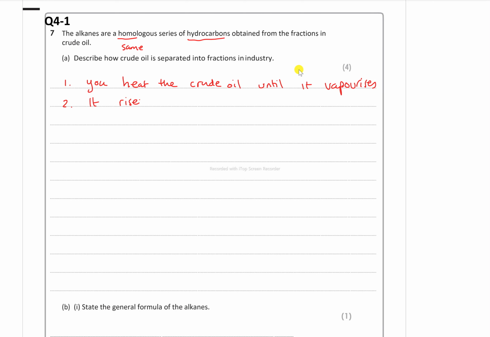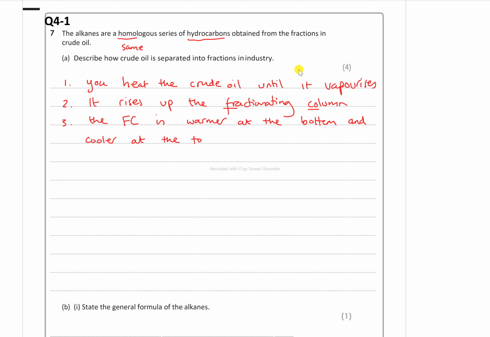It rises up the fractionating column. The fractionating column is warmer at the bottom and cooler at the top.